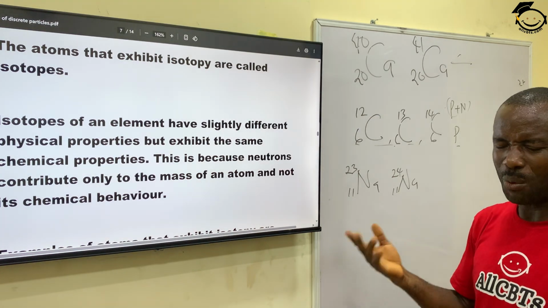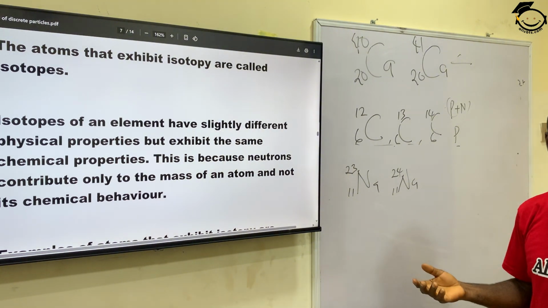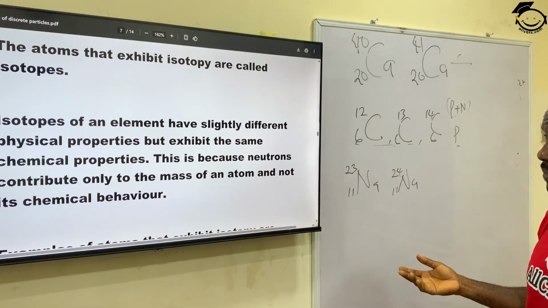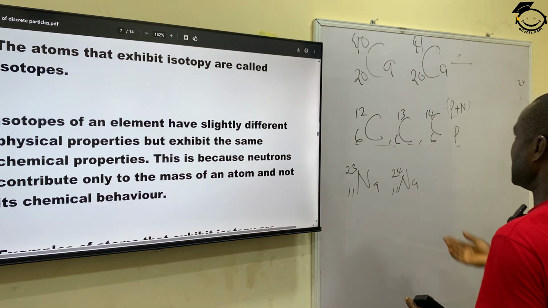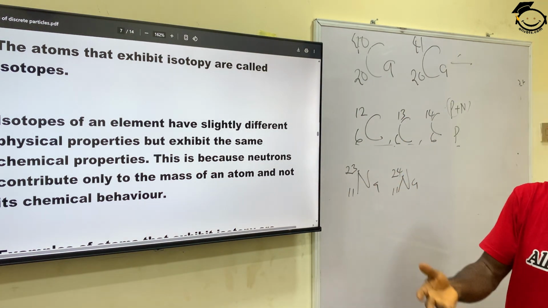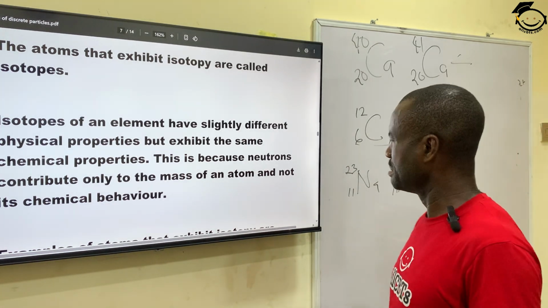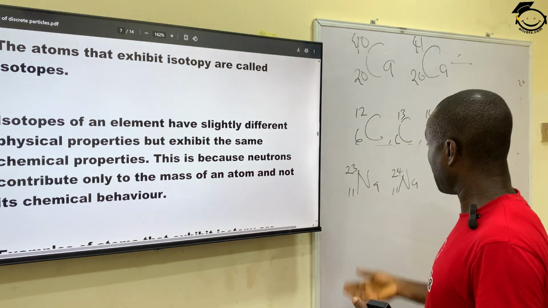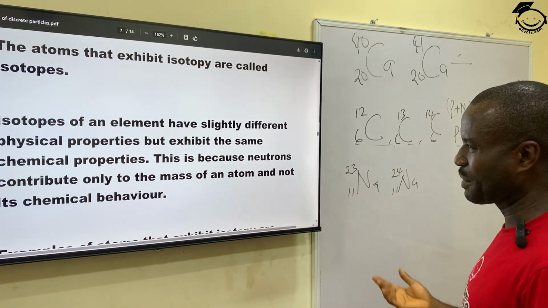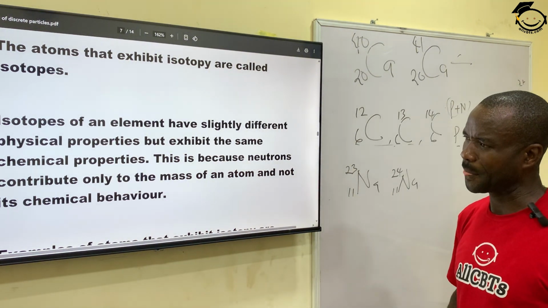People will ask you, why is it that isotopes of elements exhibit the same chemical property but different physical property? Yes, it is the neutron number that adds to the weight, because the neutron number determines the mass of an element. So why are the chemical properties actually the same? Yes, let's move on.